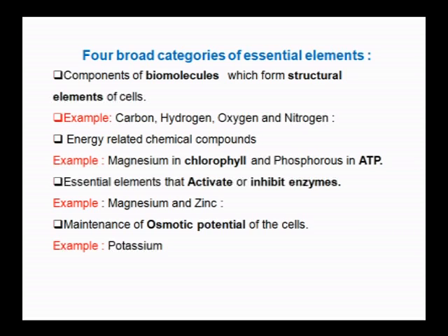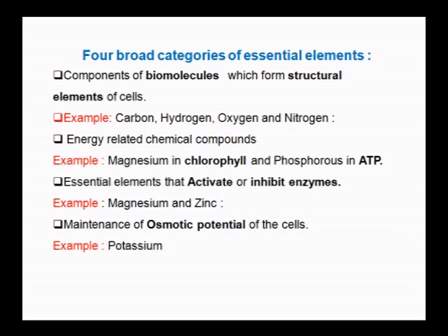Components of biomolecules, which form the structural elements of the cells, for example carbon, hydrogen, oxygen and nitrogen. They are the major biomolecules and structural components of the plant cells. Energy related chemicals like phosphorus help in the production of ATP and magnesium helps in the synthesis of chlorophyll pigment.